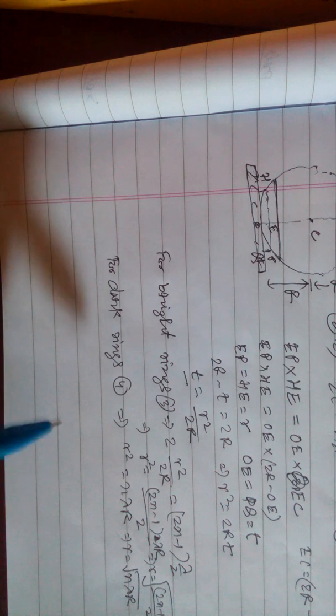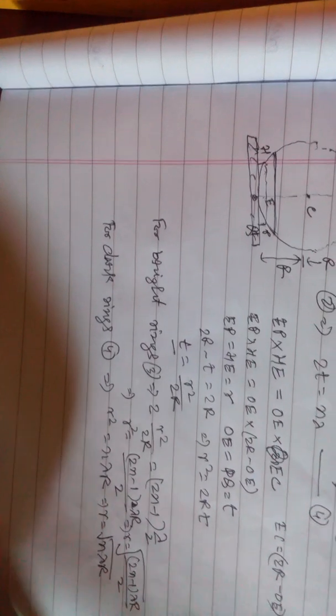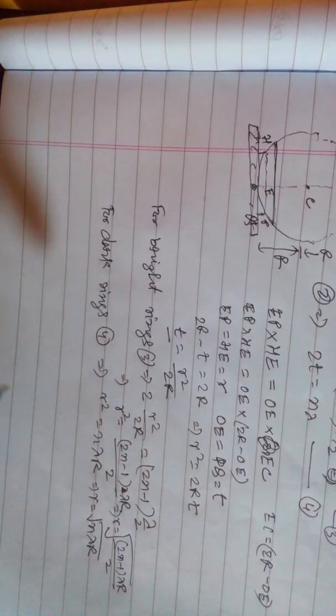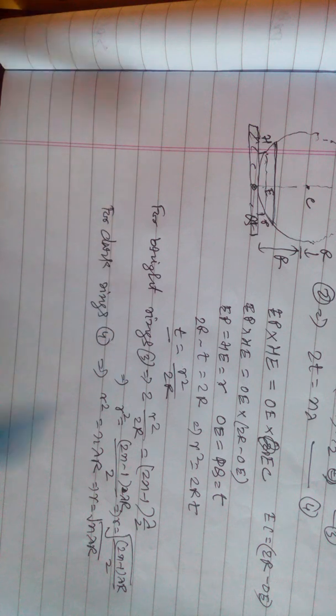These two are the expressions for the radius of Newton's rings, the radius of the consecutive bright rings and dark rings.